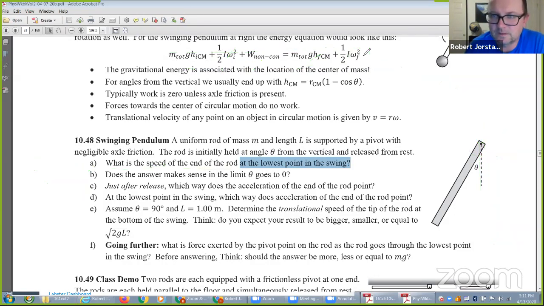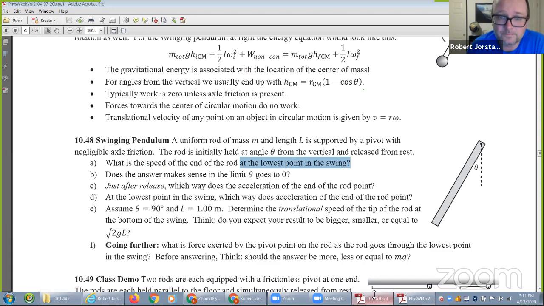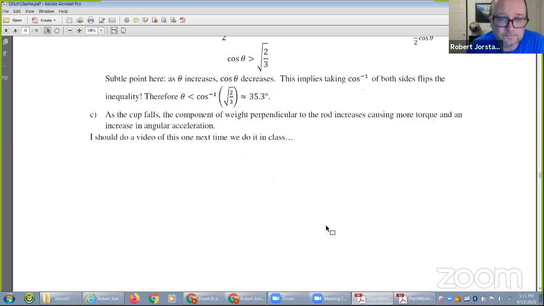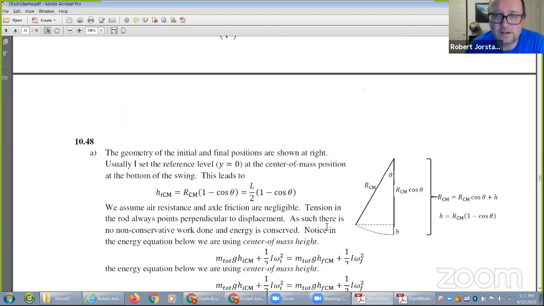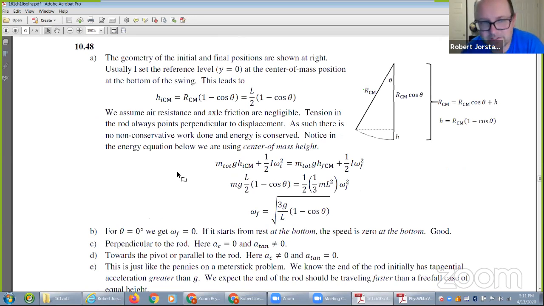All right. Let's go look at the problem and see what's up. Oh, there's that picture right there. The geometry of the initial and final positions are shown here, just to be clear.